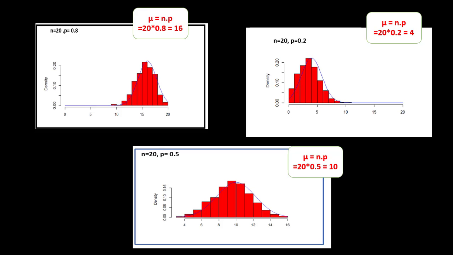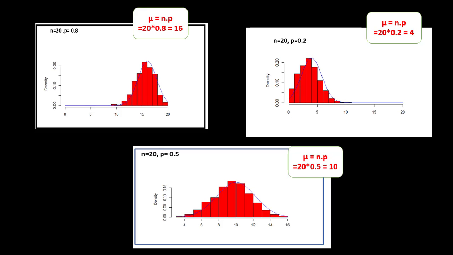Similarly in case of the second curve, since theoretically we have calculated mean as 4, we can see the shape of the curve and easily derive that the mean is 4. Similarly in case of the third curve, the mean is 10 and this we can easily see in the curve given below.